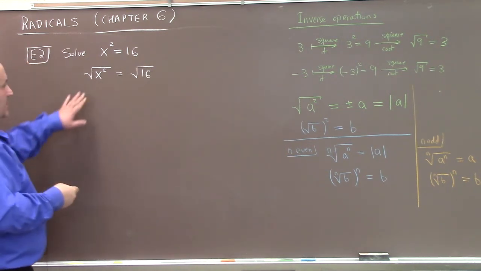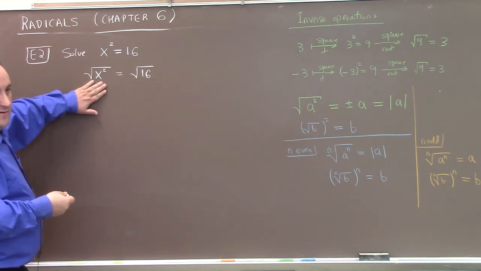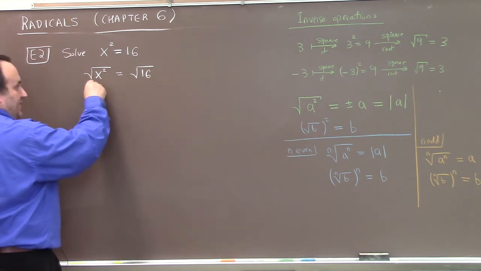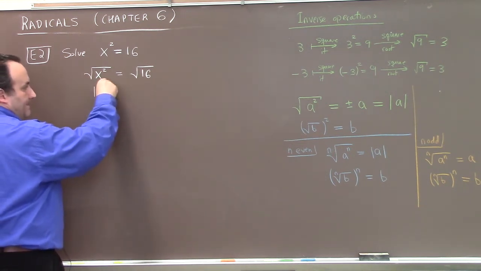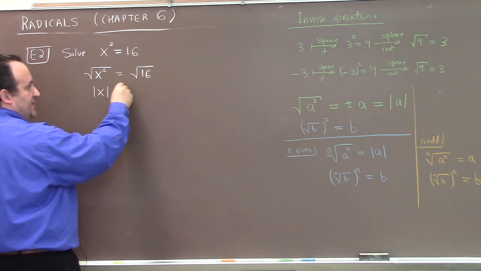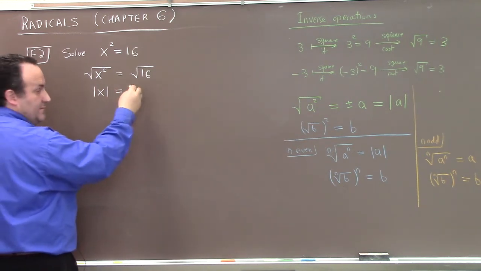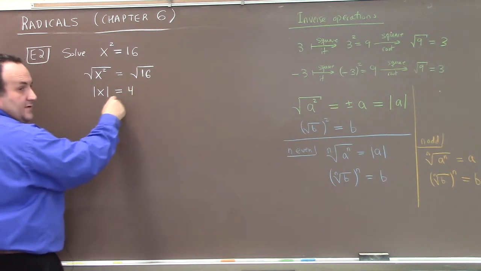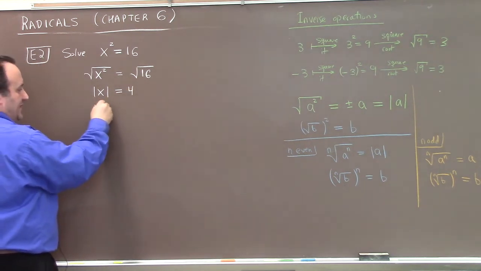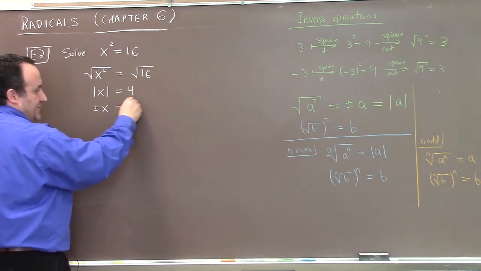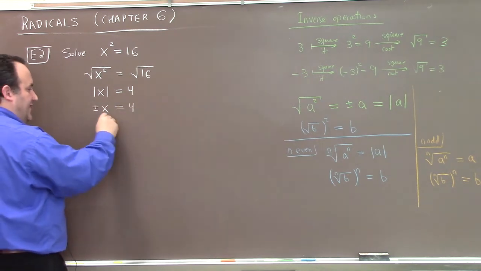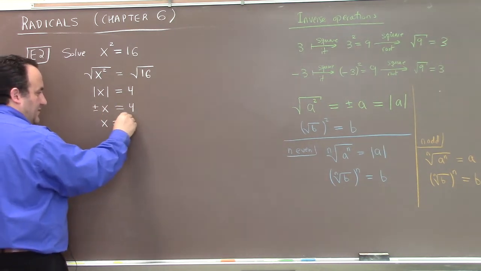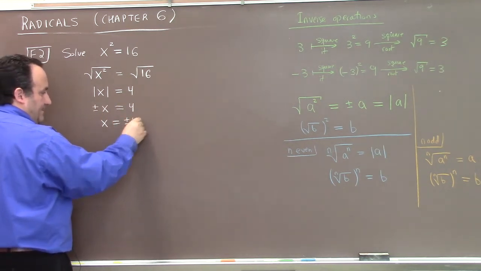Because I have the square root of a square, I have to put the absolute value of x. The square root of 16 is 4. So what this gives me is plus or minus x is equal to 4. But of course that gives us x is equal to plus or minus 4, right?